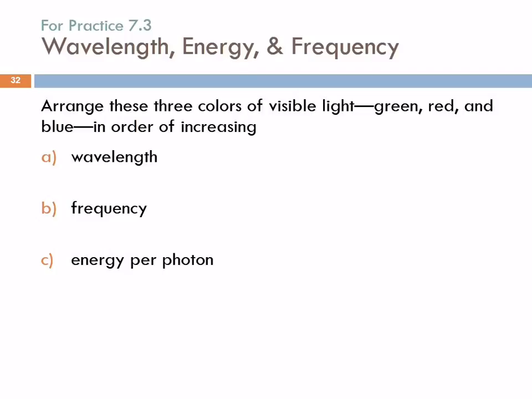So, we've got wavelength, frequency, and energy per photon. I wouldn't necessarily answer these 3 questions in the same order. So, red, green, and blue. If I couldn't look at the table, how could I answer this? This is what I'm doing in my head. Here's the spectrum, right?